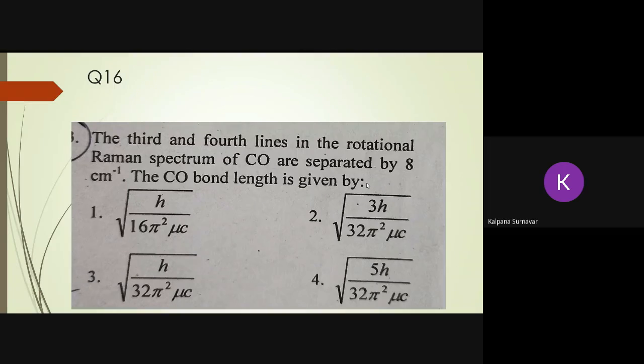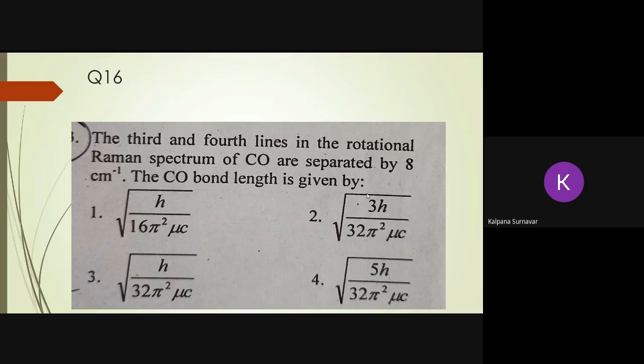Here, detailed knowledge of Raman spectroscopy is required, as in each spectroscopy the transition occurs differently. In microwave spectroscopy, it obeys the delta J equal to plus or minus 1 rule. Raman spectroscopy obeys the delta J equal to 0 or plus or minus 2 selection rule.